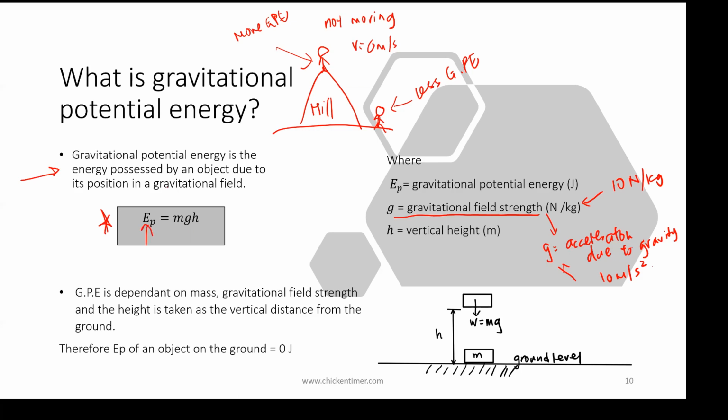Then this is GPE, and then this is height. Height is like this. You see the diagram here below. I drew a box and then the box drops, and it hits the ground eventually.